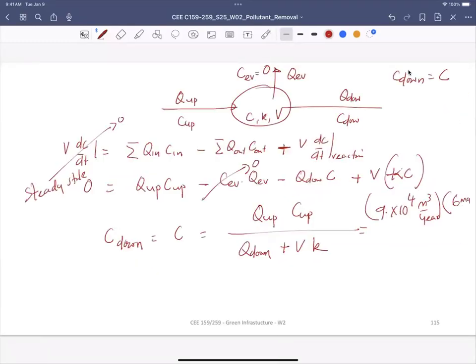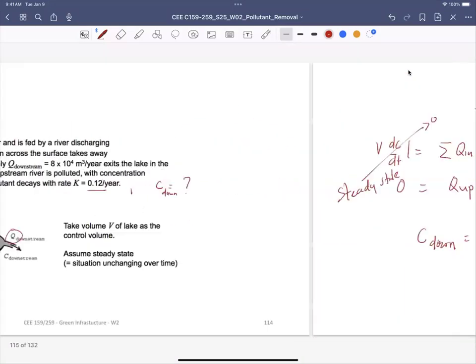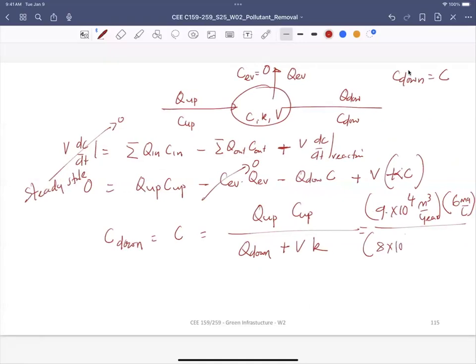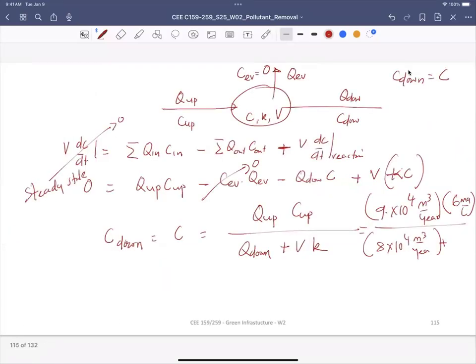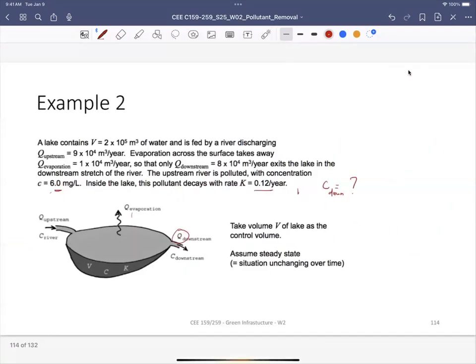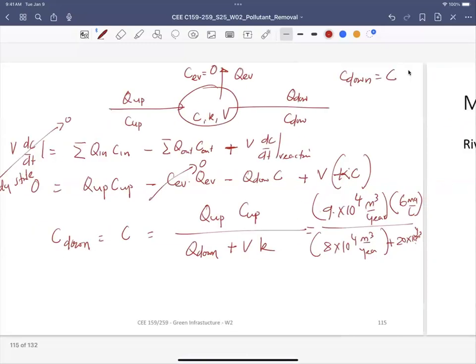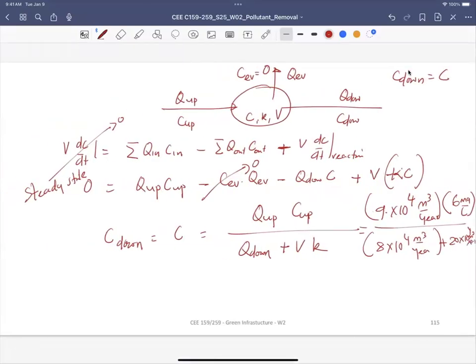Then Q down is 8 times 10 to the power 4 meter cube per year, and the volume is given as 2 times 10 to the 5 meter cube, so this is 20 times 10 to the 4 meter cube, and K is given as 0.12 per year.